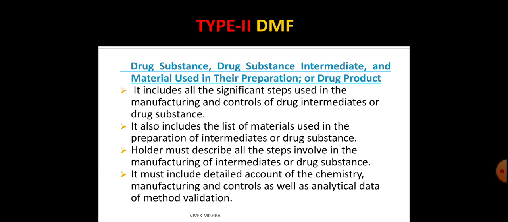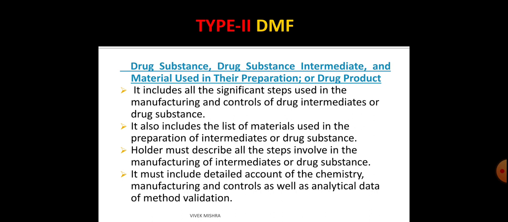Each ROS, route of synthesis, everything comes under type 2. It also includes the list of materials used in the preparation of intermediates or drug substance. The material which we use to make intermediates or drug substance comes under type 2. The holder must describe all the steps involved in the manufacturing of the intermediate or drug substance.